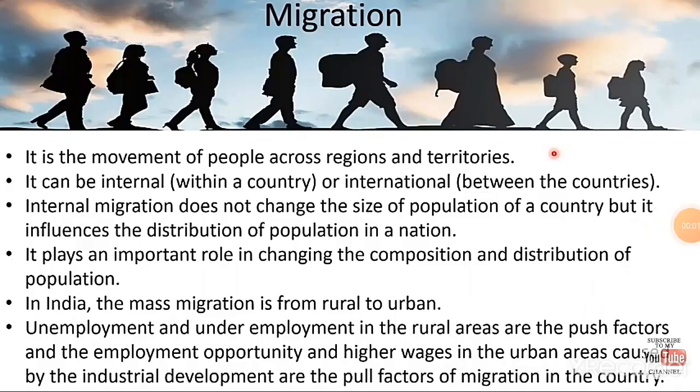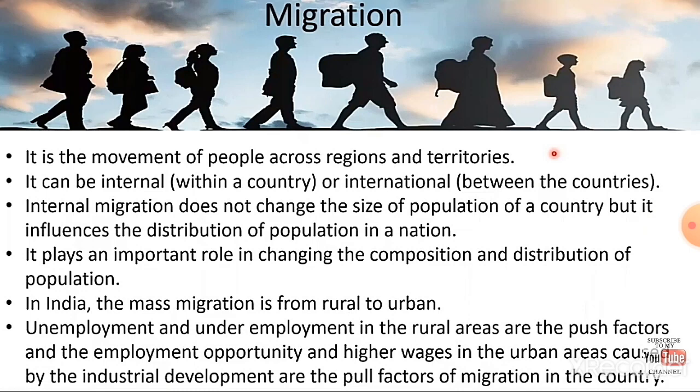Next, migration. Migration means moving from one place to another place for certain reasons. So, migration is the movement of people across regions and territories. This migration can be classified into two major types. One is internal migration, another one is international migration.